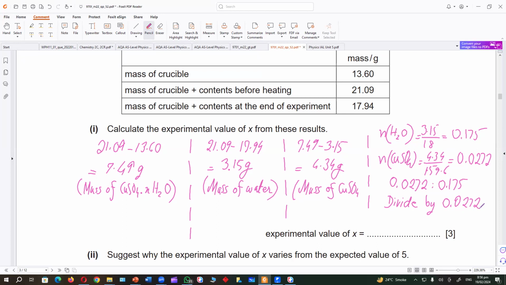It's coming out to be 6.4. I will double check the values. After a long effort, it is not coming out fine. But it can happen, it's not a paper 4 question.